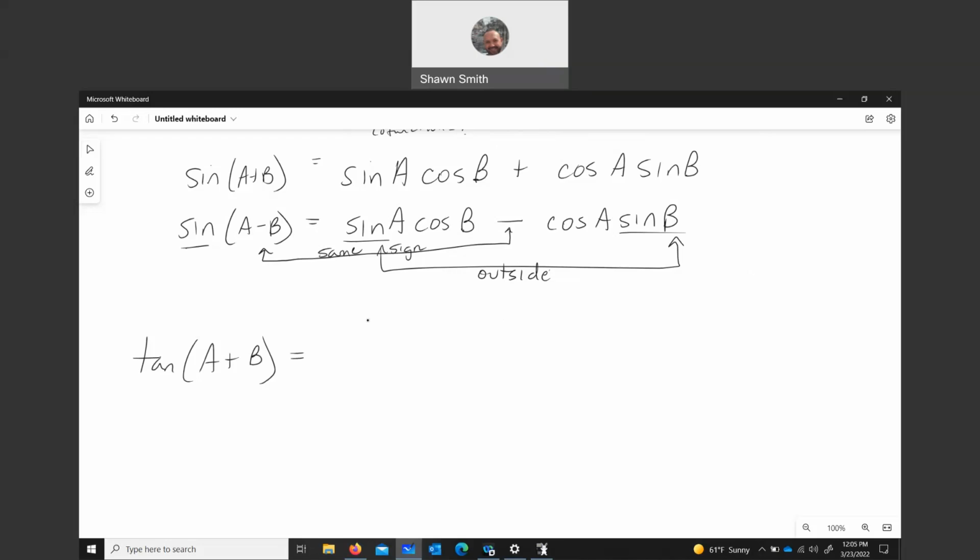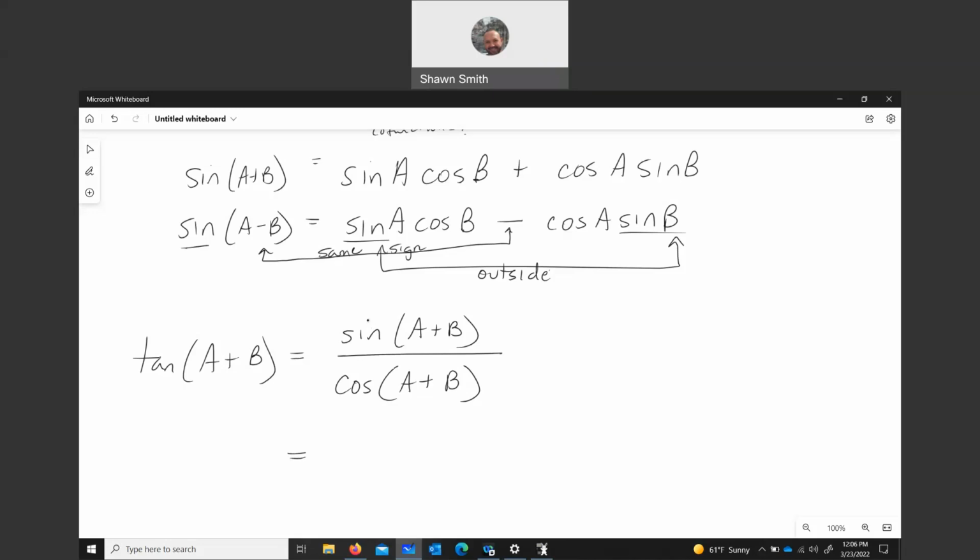Right? So this is going to be sine of A plus B over cosine of A plus B. Just your quotient identity. Well, we now know the formulas.